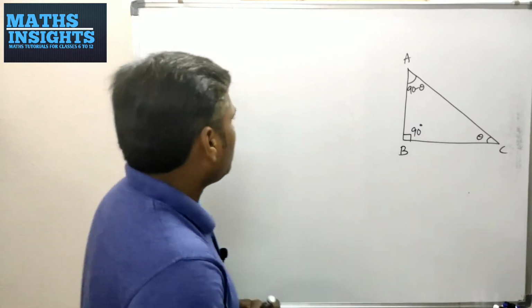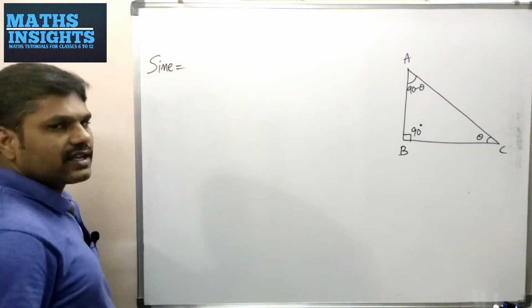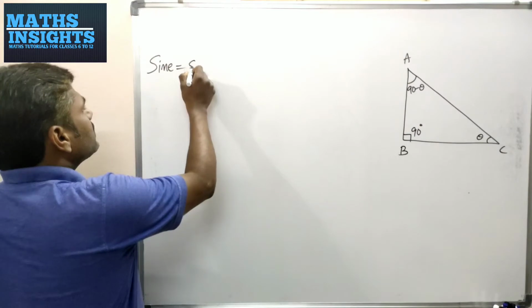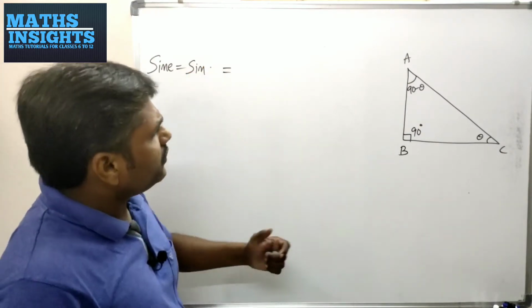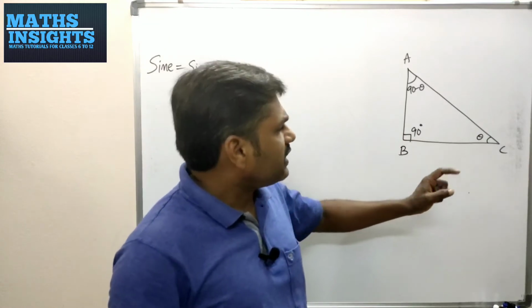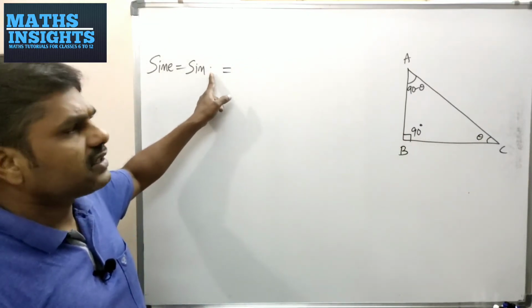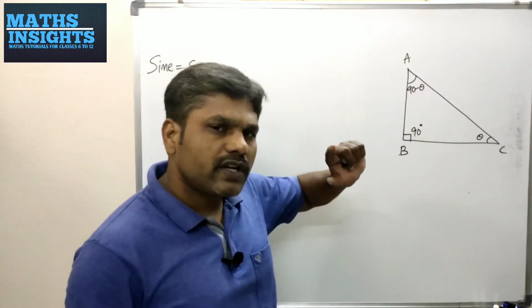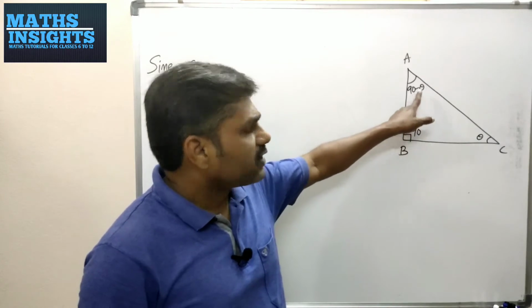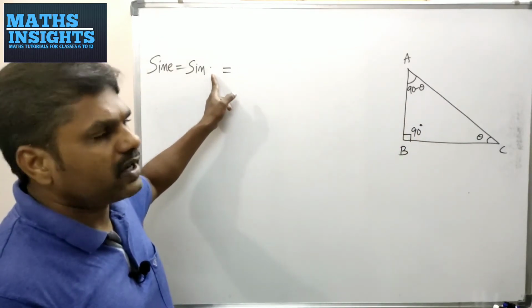Trigonometric ratios, the first one is sine, actually S-I-N-E. We will simply write it as sin. See, if you want to define sine with respect to theta, then we will write sin theta. Otherwise, if you define the trigonometric ratio sine with respect to 90 minus theta, you have to write sin(90 minus theta).